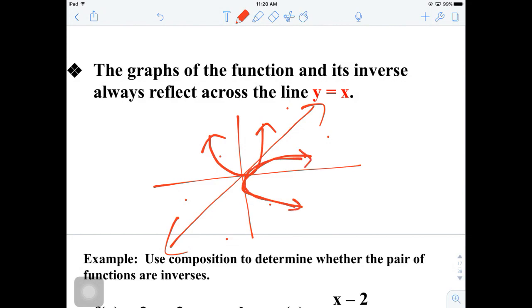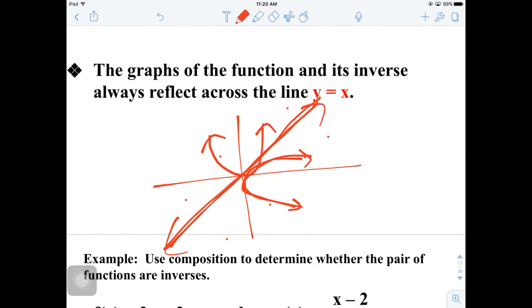So that's what the picture looks like when you have the inverse of the function. They're reflected exactly across this line y equals x, and we're going to take a further look into it and see how the graphs are related. So that's going to come up next.